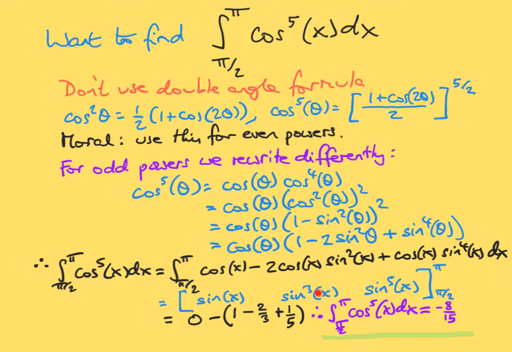The function that's being cubed is sine x, so we'd multiply by the derivative of sine x, which is cosine of x. So if we differentiate this, we would get plus 3 cos x sine squared x.